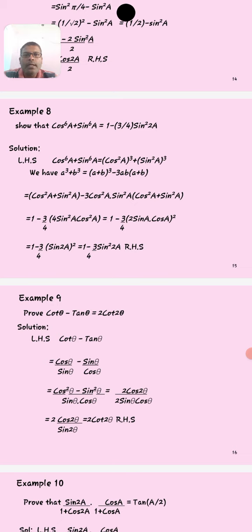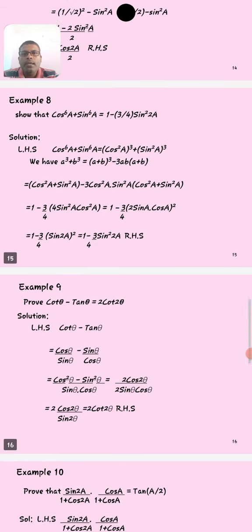That's why we have to write cos square a to the power of 3 plus sin square a to the power of 3. We have the a cube plus b cube formula: a cube plus b cube is equal to a plus b whole cube minus 3ab into a plus b.